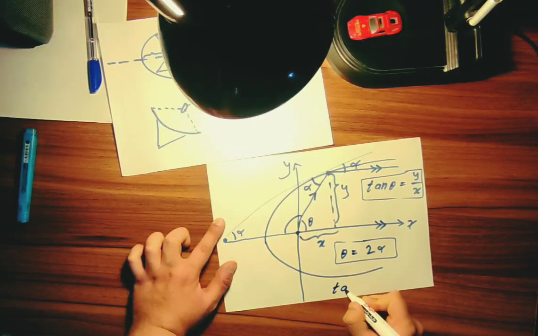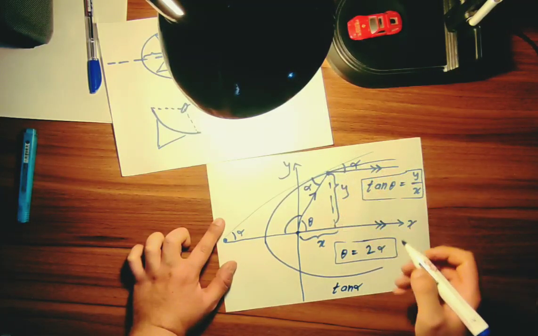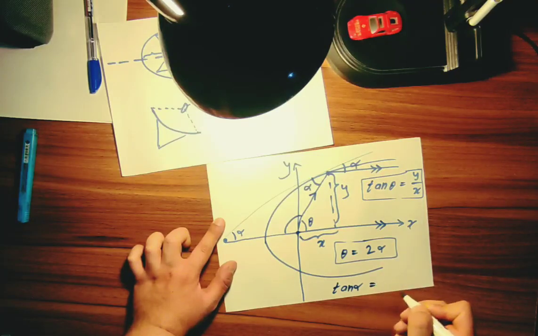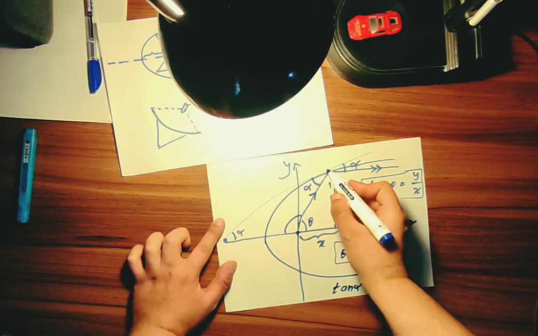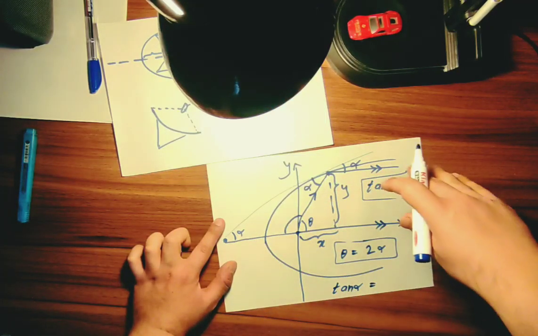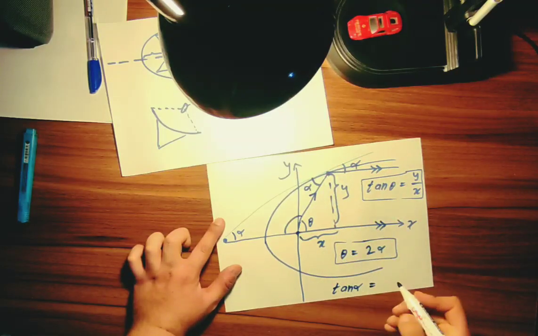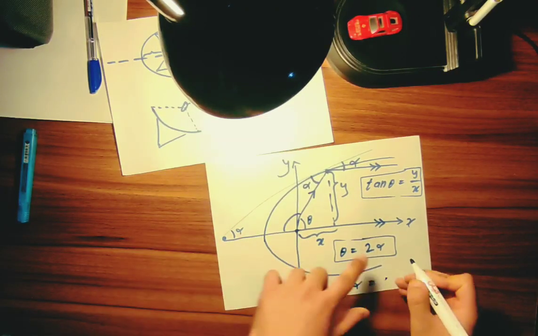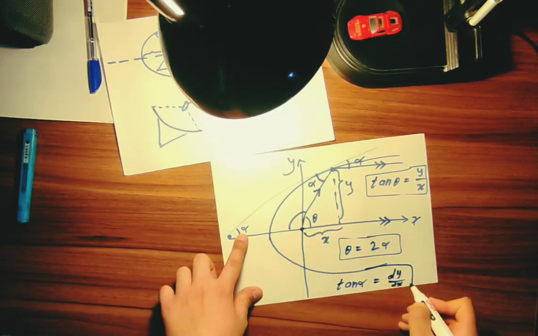So tangent alpha, which is the slope of this line, is equal to derivative of y with respect to x at this point, because the derivative means the slope of tangent lines on the curve at each point. So this is dy divided by dx, and we have this relation too.